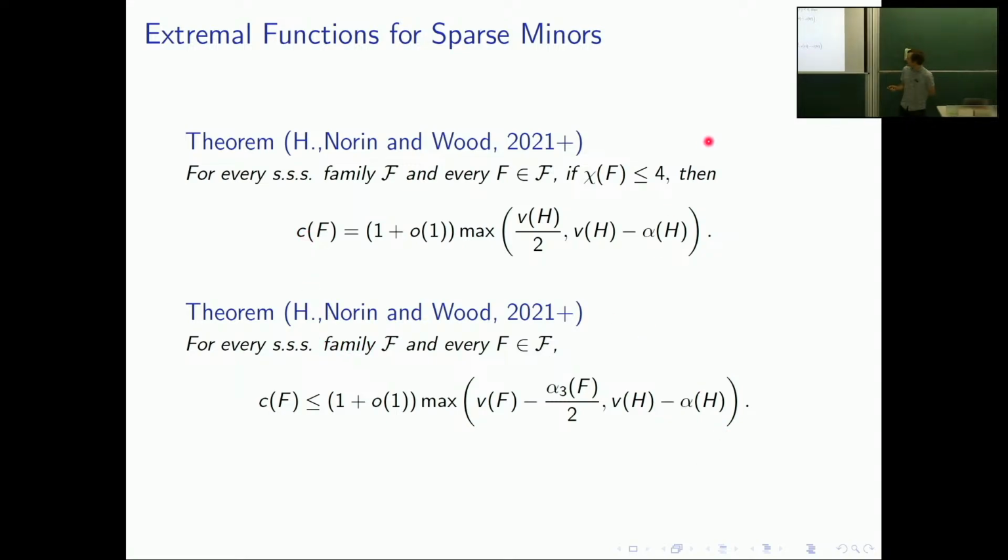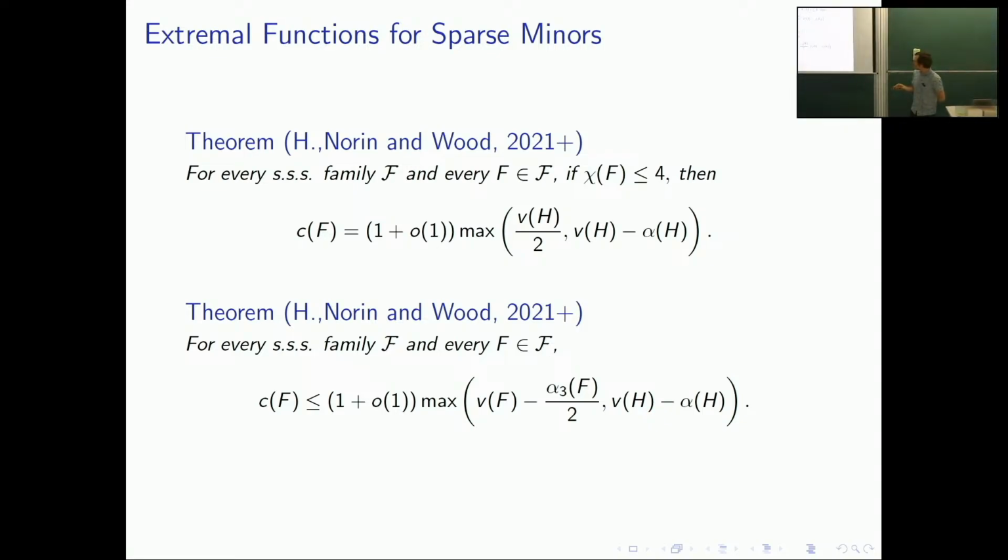And sort of as a corollary of this, we get a bound of this form, removing this chromatic number condition. We get a slightly less precise bound, but here we get the number of vertices minus half the size of the largest 3-chromatic induced subgraph, or the same parameter here.